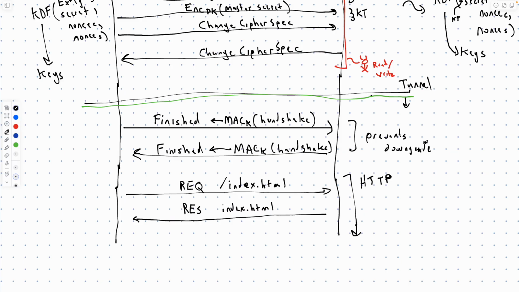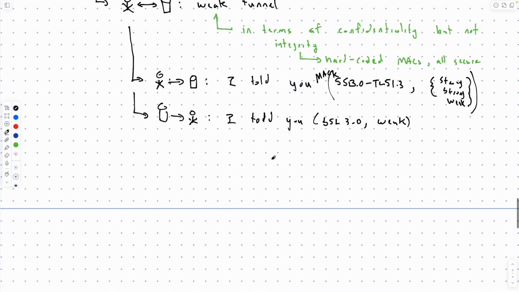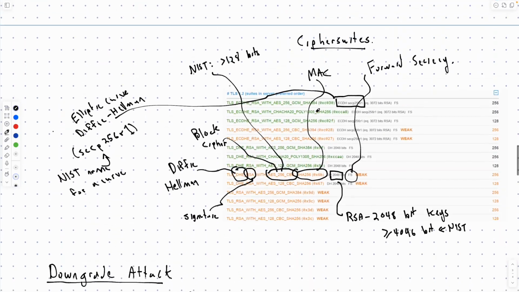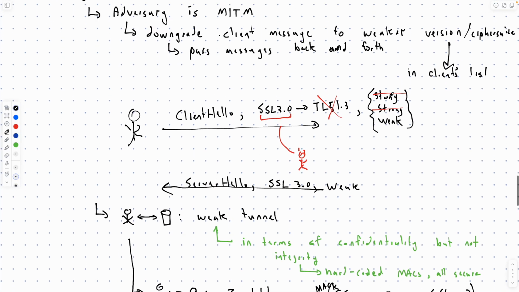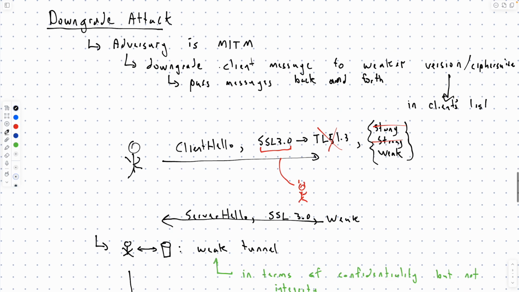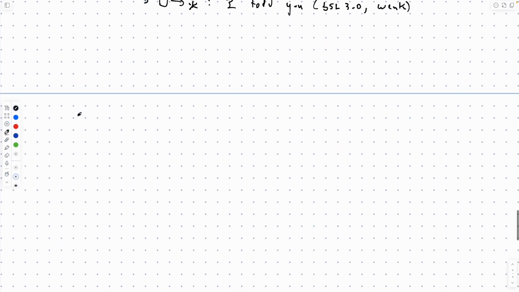Okay, questions? All right, so it's very important that you do that step at the end. And it was important that the MAC was never compromised. If you could downgrade the MAC, then big trouble for TLS. It would have been in big trouble. But it was a happy coincidence that you couldn't do that.